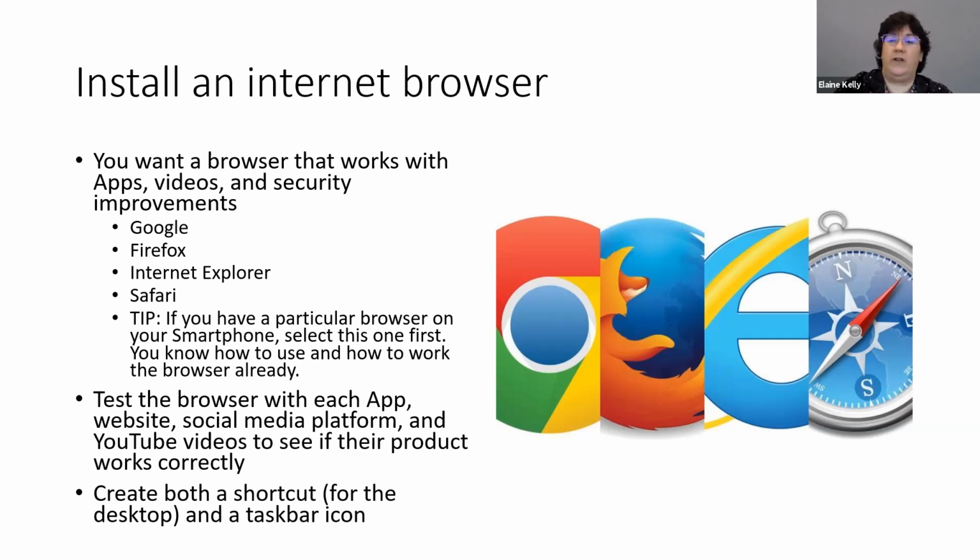Work with each one that they have and install the one that works with everything that they need to do. Go back to your game plan and see what has to happen. Test the browser with each one of these items. As an example, my father has a golf show that he subscribes to, where he looks for lesson plans, and it comes through by video.